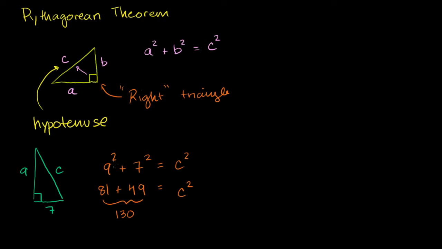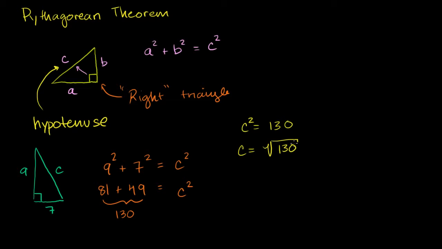So what's c going to be equal to? C squared is equal to 130. Or we could say that c is equal to the square root of 130. And notice, I'm only taking the principal root here, because c has to be positive. We're dealing with a distance. So we can't take the negative square root.